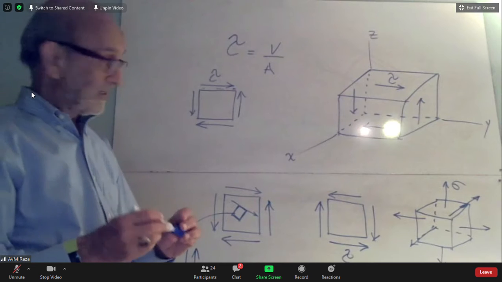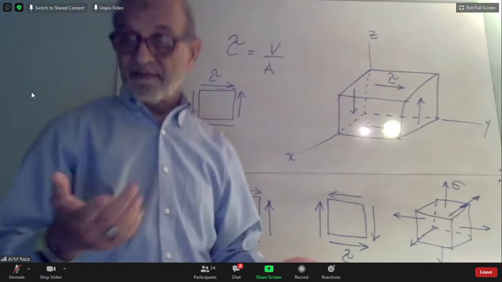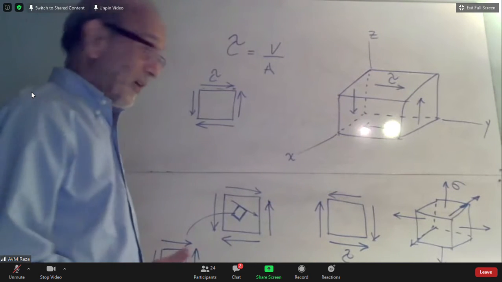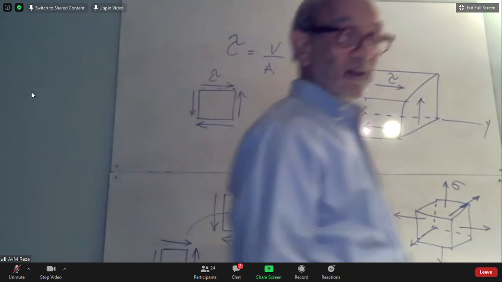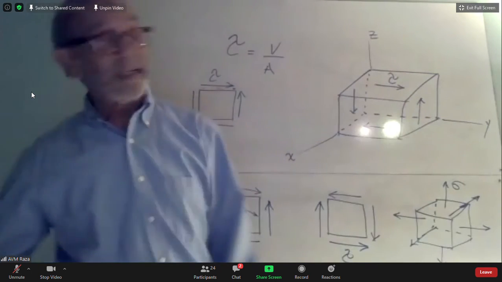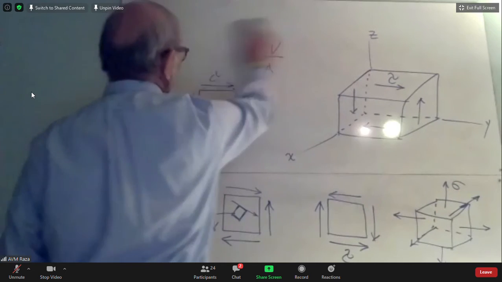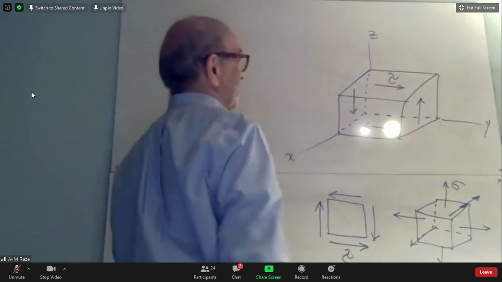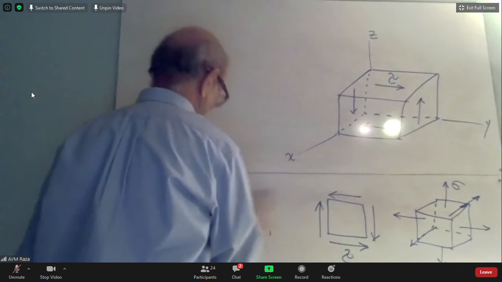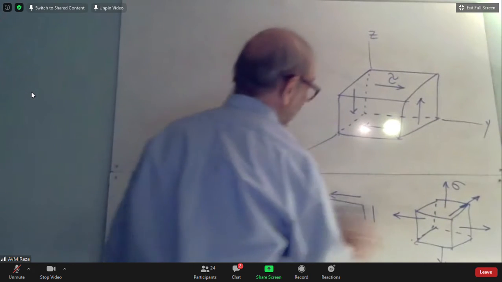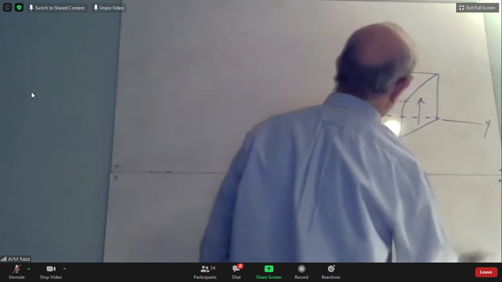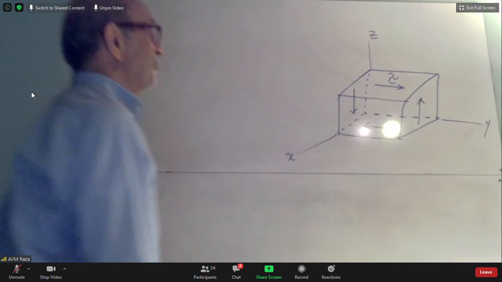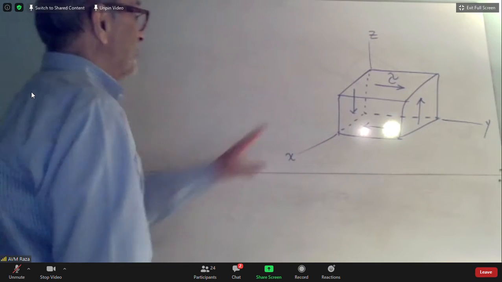All right, good. Now maybe I can try and draw this, or you can see it in the book also. I'll show you in the book also. But the general state of stress. Let's talk about the general state of stress, for which I can use the same cube. I'm showing you the 4 taus there.